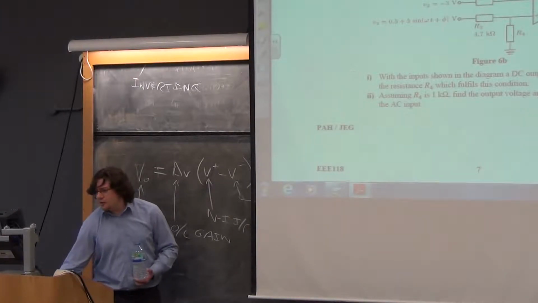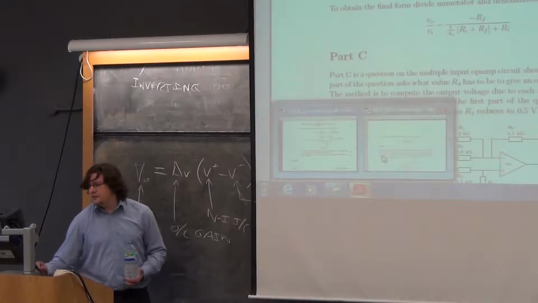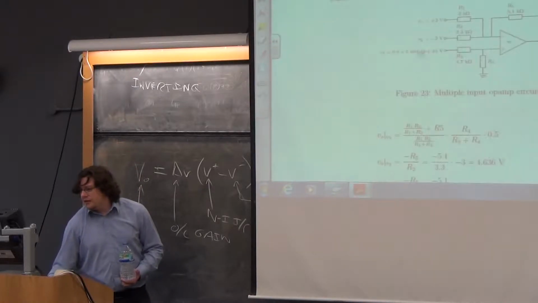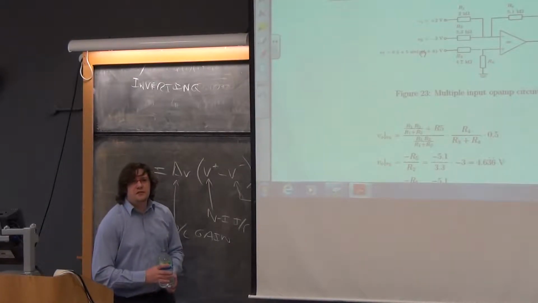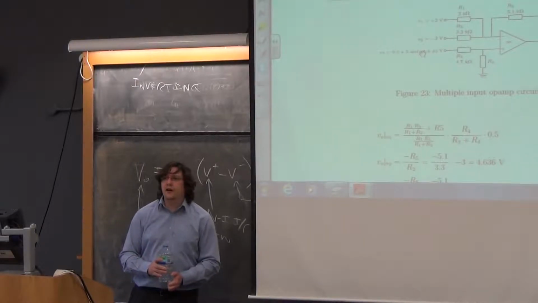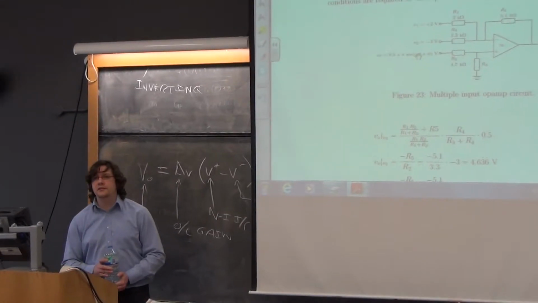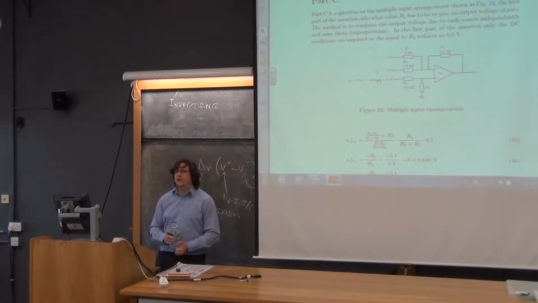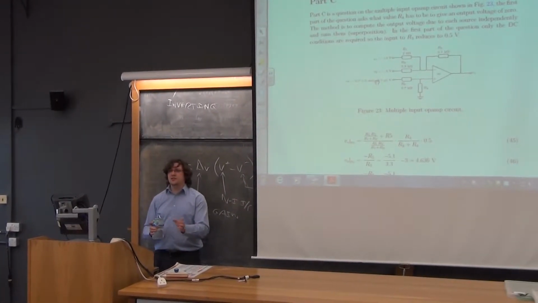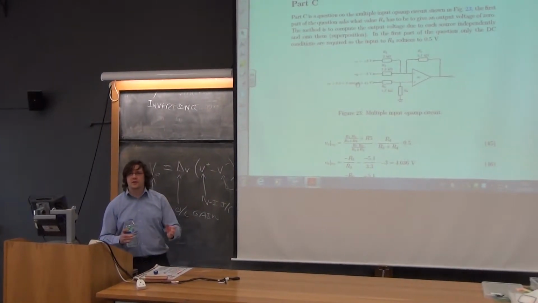So to find R4, the method is that you have to use superposition to come up with the output voltage in terms of all the inputs, and then you'll have an equation which has got R4 in it, and you have to set something to 0 and solve it for R4, and that will give you a value.